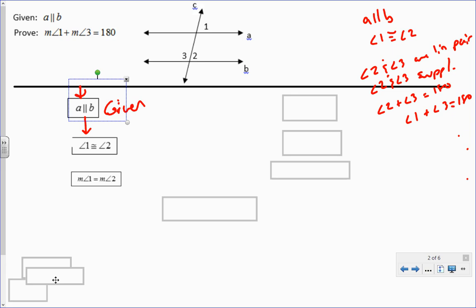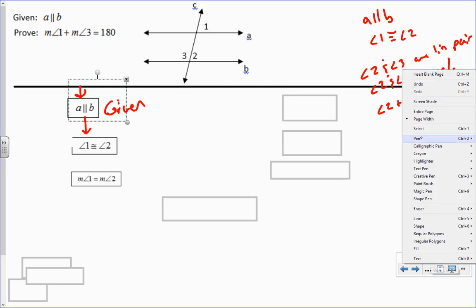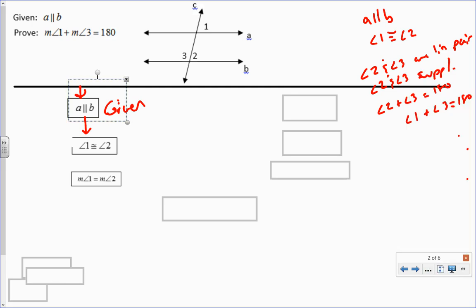I'm going to put this here too, just so we can see it. If angle 1 and angle 2 are congruent, then I can say that angle 2 and angle 1 are also equal. And this is because of the corresponding angles theorem. And this is because of the definition of congruence.